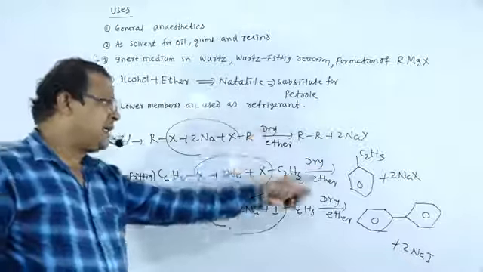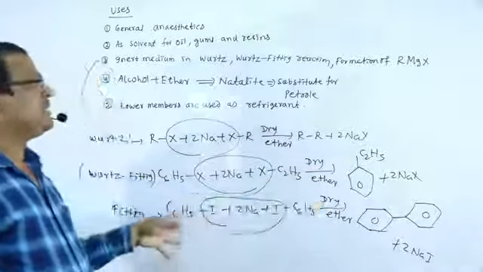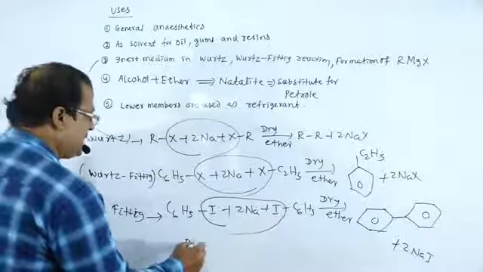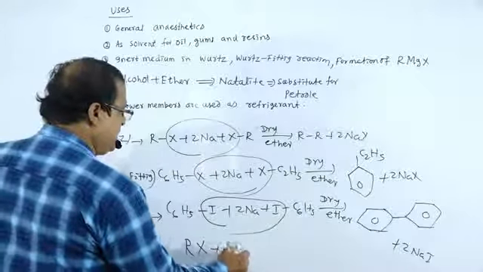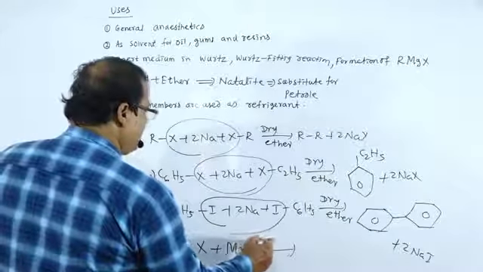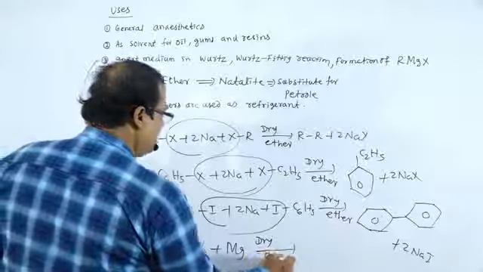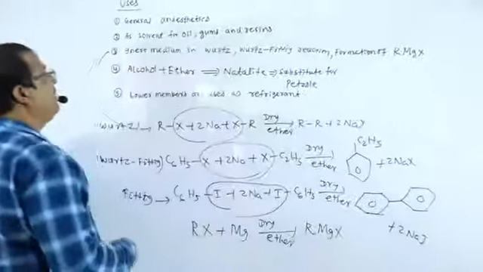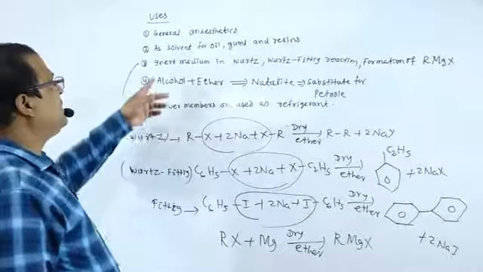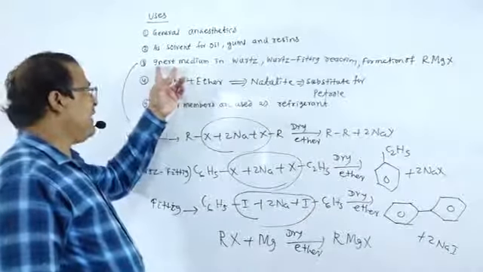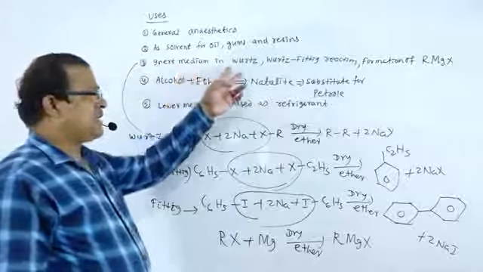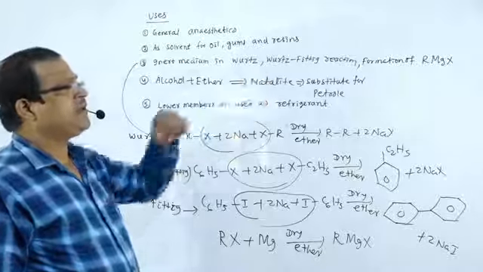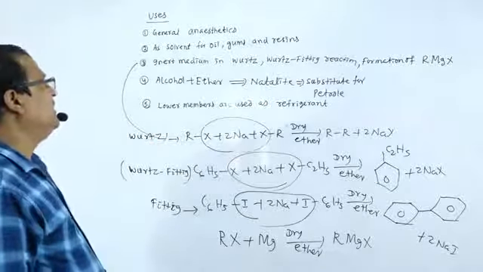So dry ether is taken as the medium for these reactions, and also for the preparation of Grignard's reagent, RX plus Mg in dry ether, forming RMgX. So ethers provide an inert medium for the Wurtz, Fittig and Wurtz-Fittig reactions, and during the formation of Grignard's reagent.